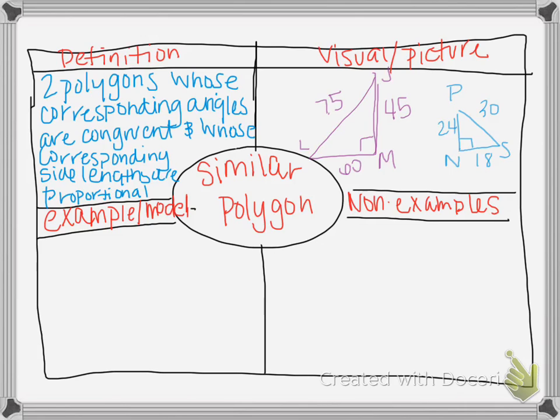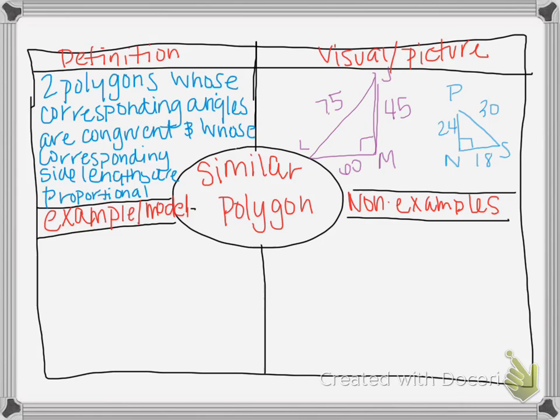Now I just use triangles in this picture, but similar polygons, any kind of shape you want. Now for example, your example should be words. So for your model example, it's okay if you look online and try to figure out examples of these words that you are looking up.